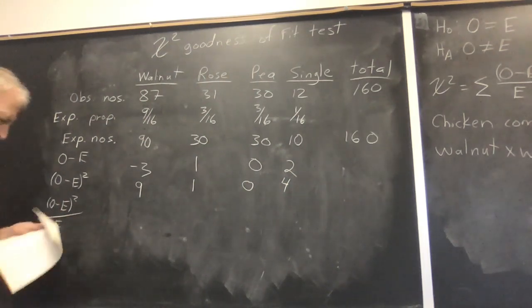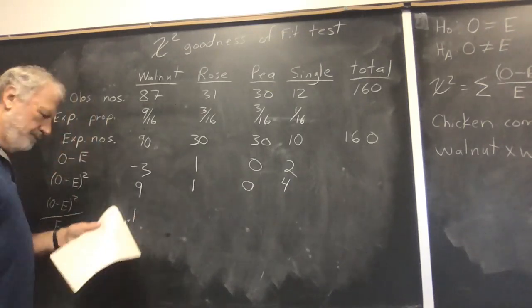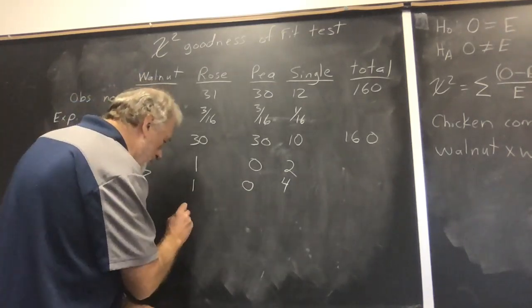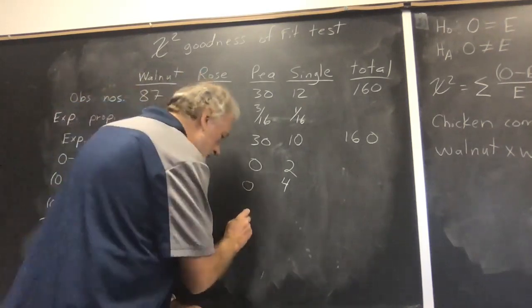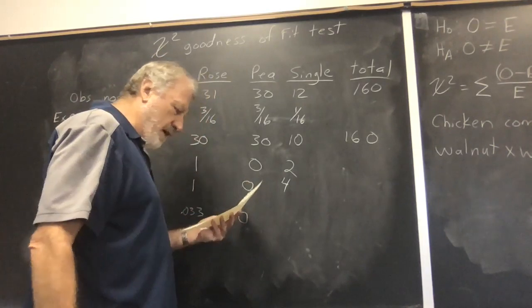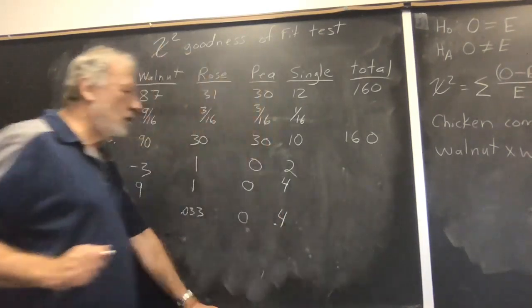That's 9 divided by 90, which is 0.1. 1 divided by 30 is 0.033. 0 in that column. And then 4 divided by 10 is 0.4.